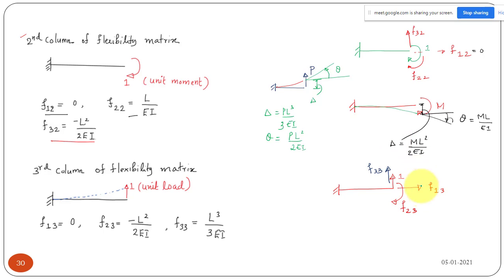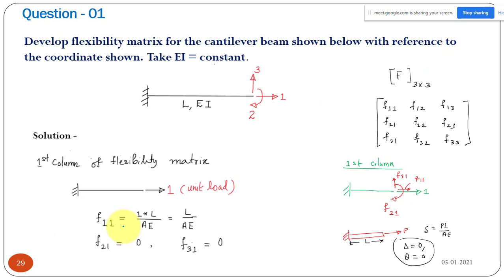Now what is the value F13? Axial deformation, anyway there is no axial deformation, so F13 is equal to 0. And what is the value F23? F23 means displacement at 2 due to unit force at 3. That means clockwise rotation due to this unit force.